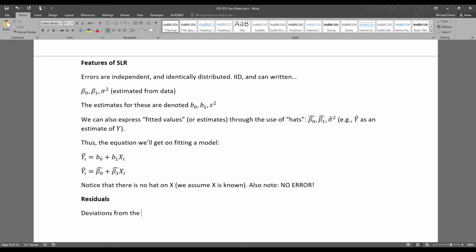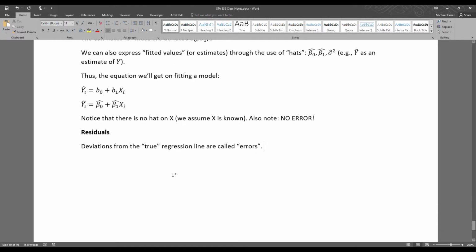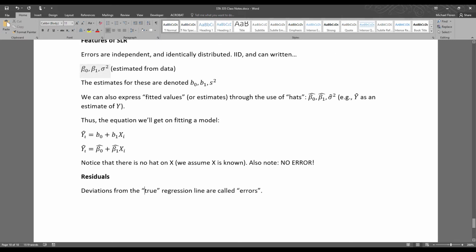Deviations from the true regression line are called errors. So whenever I'm talking about errors, all I mean is that there's a line that's the actual underlying correct line with all the betas, so the population line. And even in a population, even if I have all the data, the line's not going to fit perfectly.